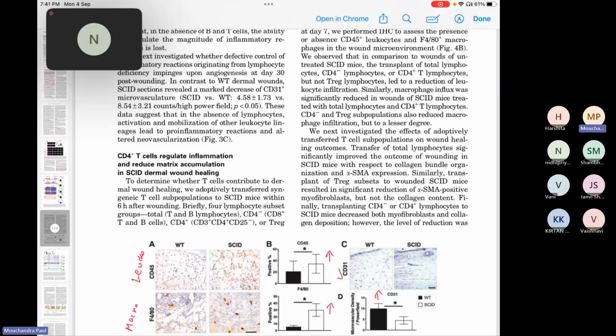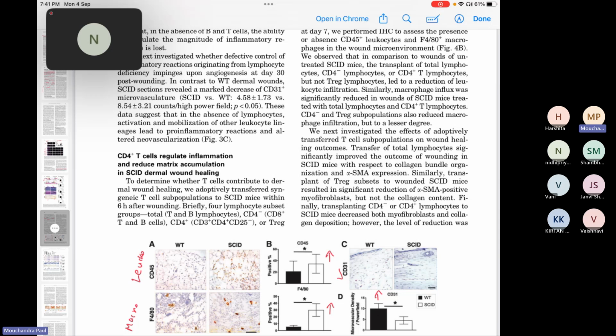So now they want to see whether, if we supply T lymphocytes into the SCID mice, they can see a positive change, meaning a reduction in scarring. So they will take some populations of T cells from wild type mice and inject them into the SCID mice.